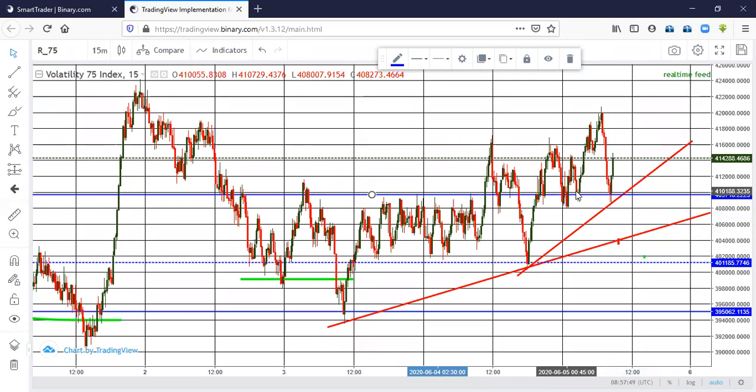This line has been respected a lot. This, which was our resistance line on these guys here, has now turned into support for these guys here. And this simply means that this support which is here is ideal to develop a new trend line on the shorter time frame like that.